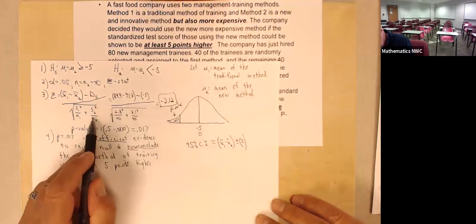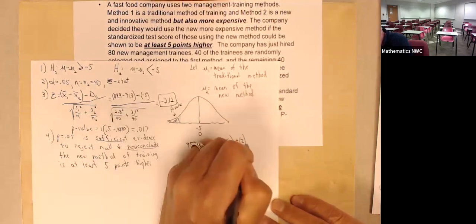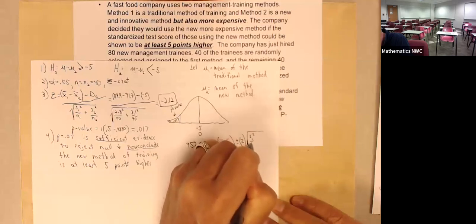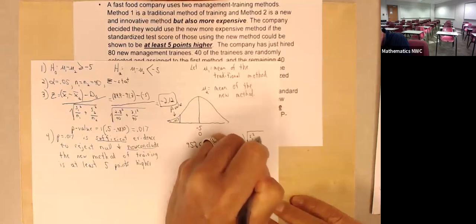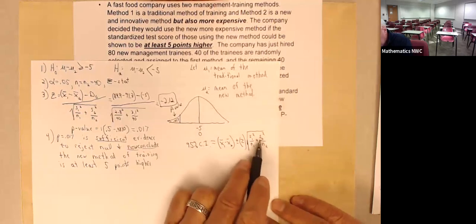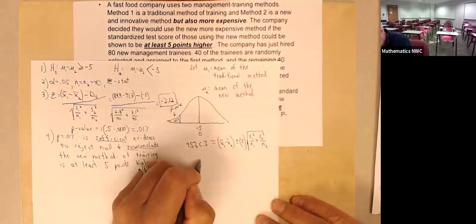So it's this formula right here. It is the square root of s sub 1 squared over n1 plus s sub 2 squared over n2. Calculate all of that. We'll be putting those numbers in here.